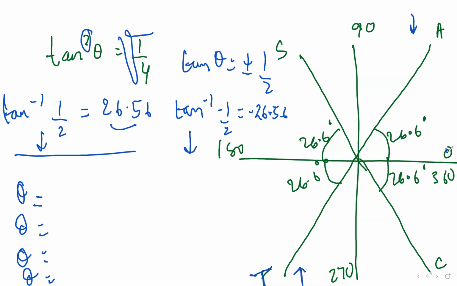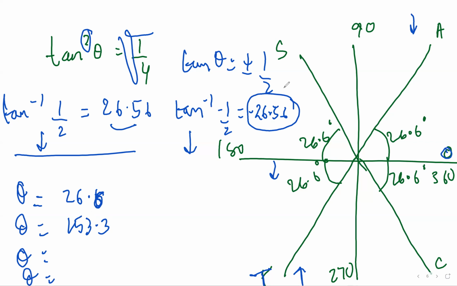Here it is after 0. So my one value is 26.6. And here this is after 180. So 180 minus 26.6 will be 153.3.